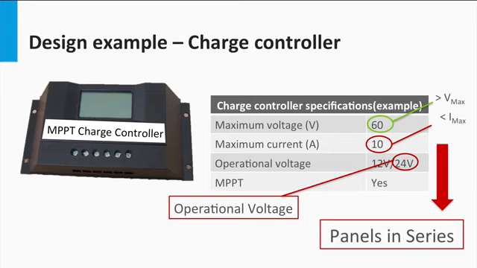So we select the series configuration of the panels. In general, given a choice between series and parallel, series configuration is preferred to keep the current levels down, thereby minimizing the DC cable loss.